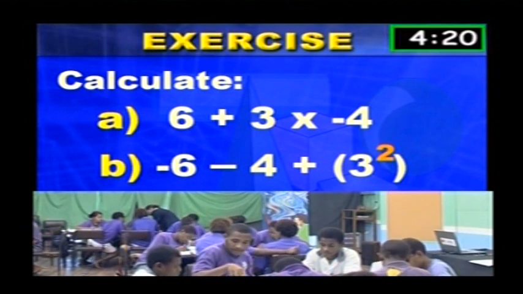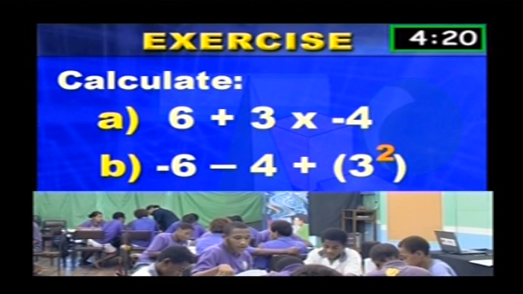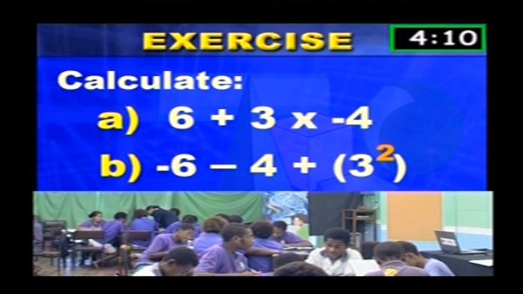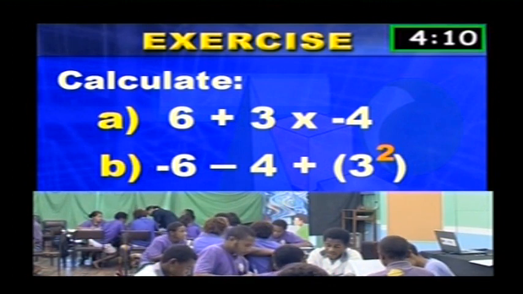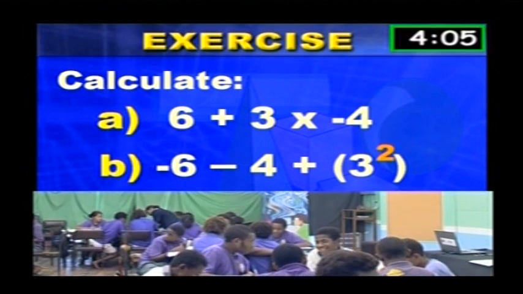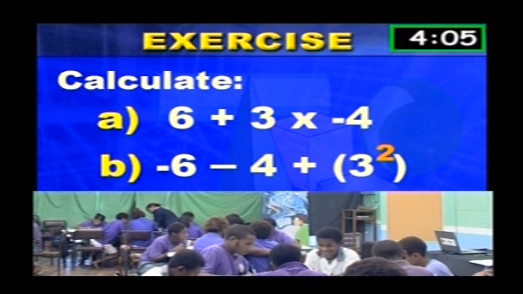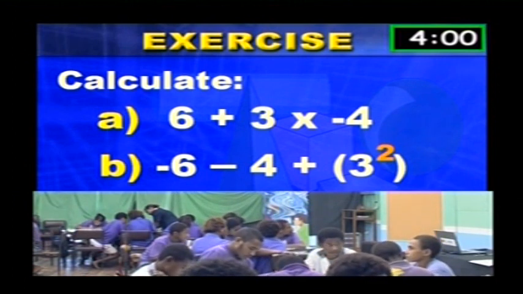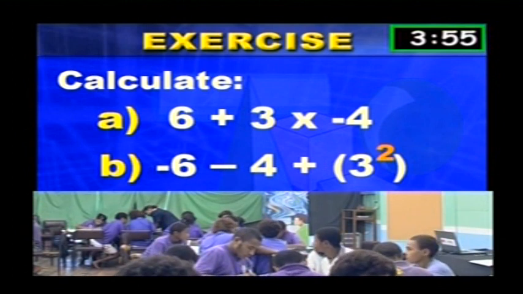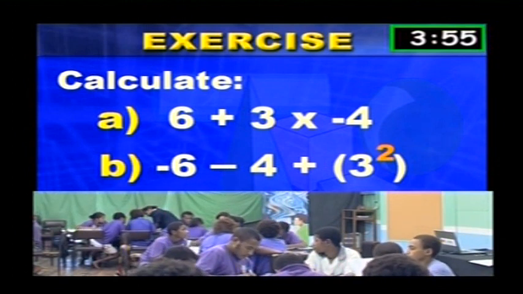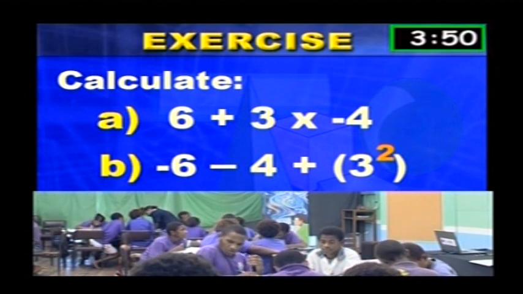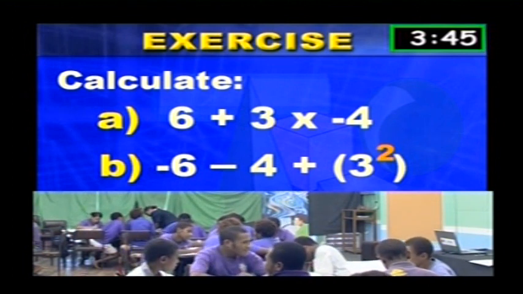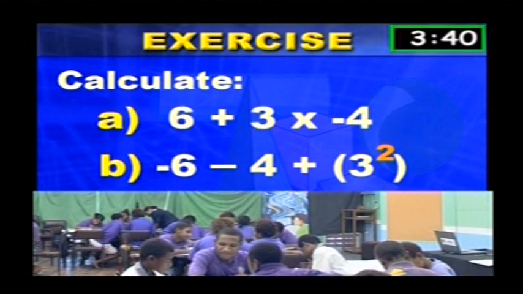Okay, there's no need for me to write it this way. You bring the 6 down. 6 plus 3 times negative 4 is, in bracket, negative 12. Then we have 6 plus, different signs. What would be the final sign that we go into?